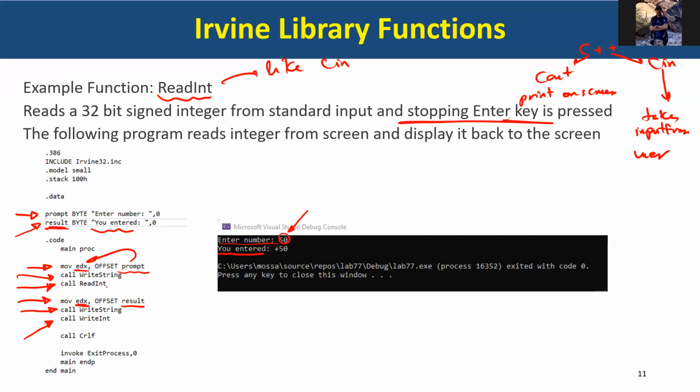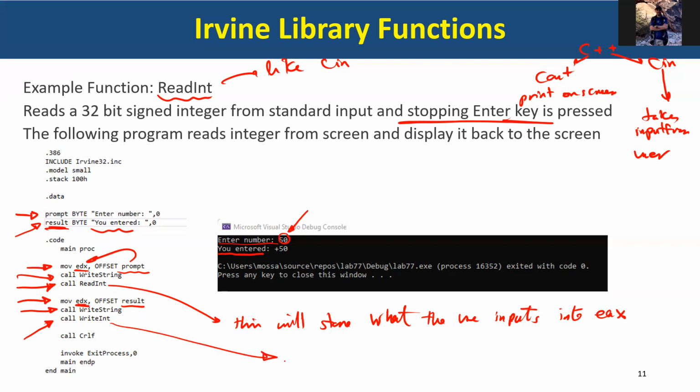Remember, write int will write what's in EAX on the screen. So when you call readint, this will store what the user inputs into EAX. And we learned already that write int will write on the screen what's in EAX. Although EAX doesn't appear in the program at all, it's implicitly used.